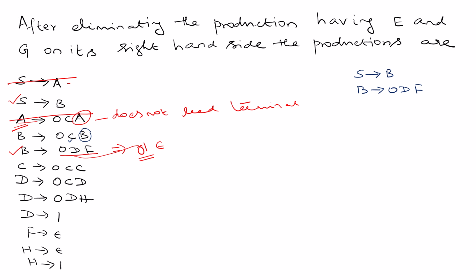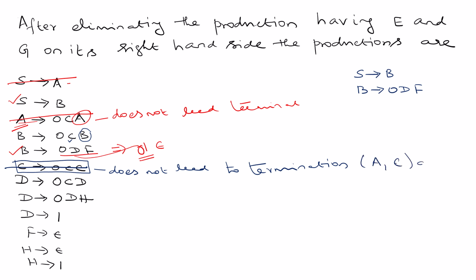Now we want to check for C, whether C is leading to termination. So when we consider our C, we are having the production C implies 0CC, and C is having only one production, and the C is appearing again on its right hand side. So this definitely does not lead to termination. This also does not lead to termination, and hence we want to remove this production. So based on this, we obtain that A and C are not useful variables in the grammar.